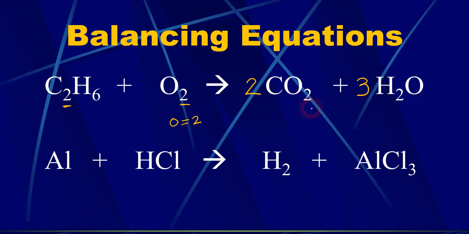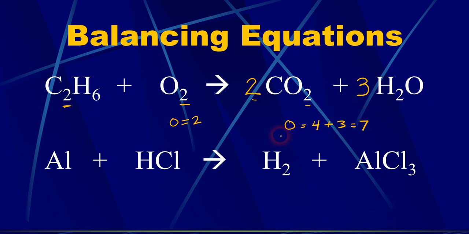It's not 3, it's actually 7. Do you see 7 oxygens? We have 2 times 2 there, so that's 4, plus we have 1 times 3, which is another 3. So we actually have 7 oxygen atoms on the right. 4 there plus 3 here, so it's 7.